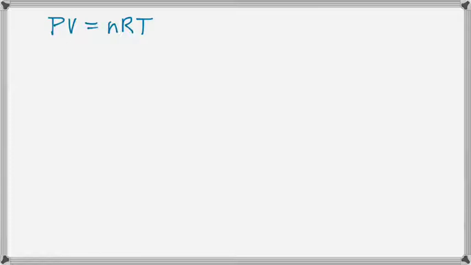So take one ideal gas law and divide it by itself. PV equals nRT divided by PV equals nRT. And then put subscripts. Put 1s on the top and 2s on the bottom.